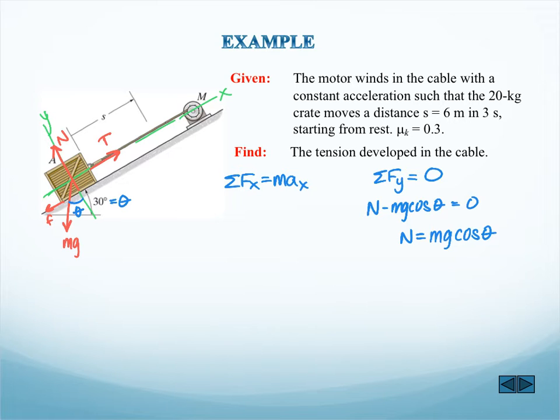In the x direction, we have the tension minus the x component of the weight, and then the friction gives us our mass times our x acceleration. We know that we can express our friction as the coefficient of friction times the normal.